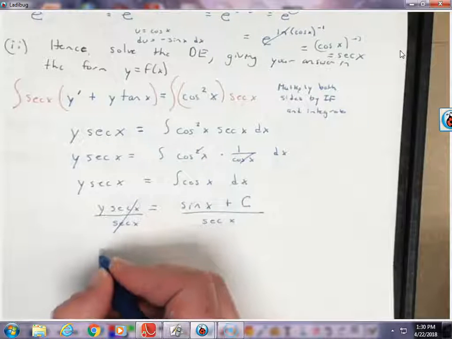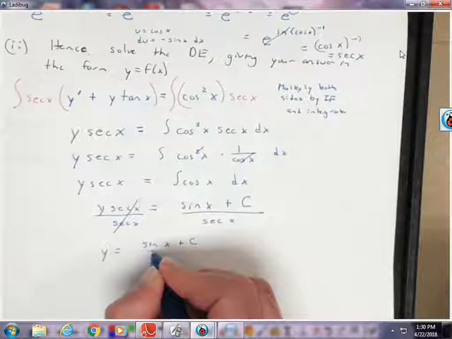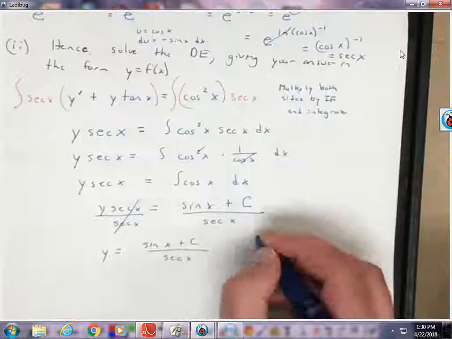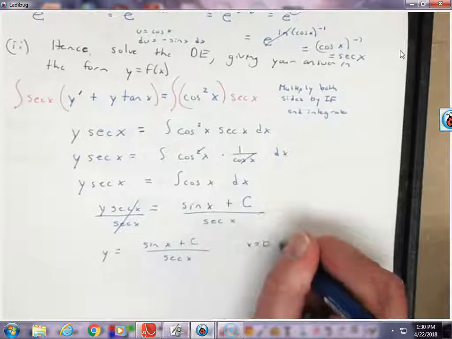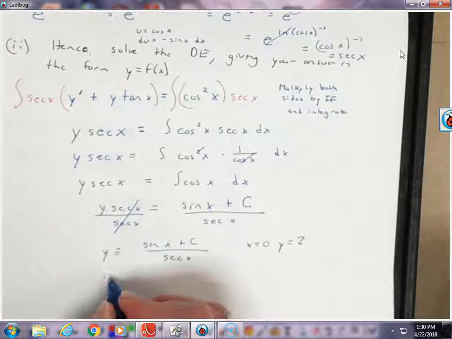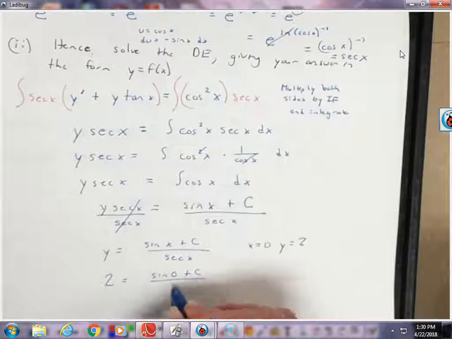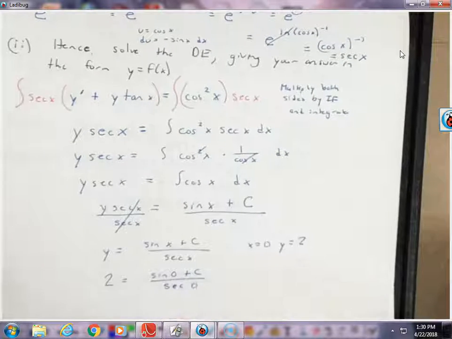Okay, so now we have y equals sine of x plus c over secant of x, and we have the point x equals 0, y equals 2, so we're just going to substitute that in. So 2 for the y, sine of 0 plus a constant over the secant of 0.